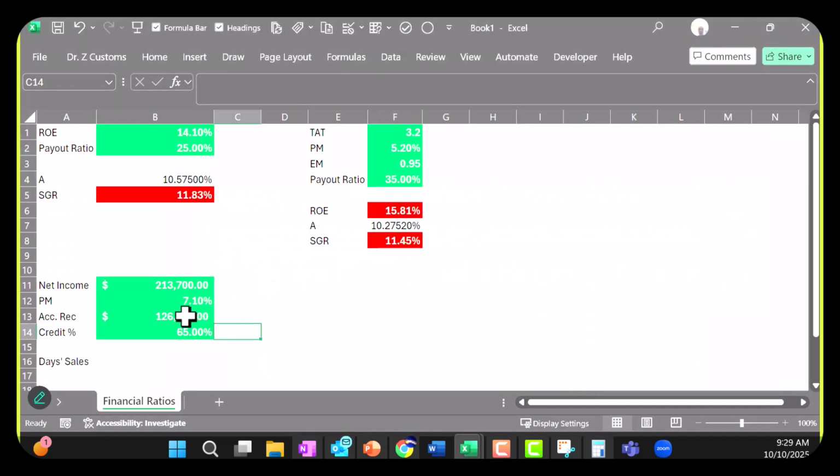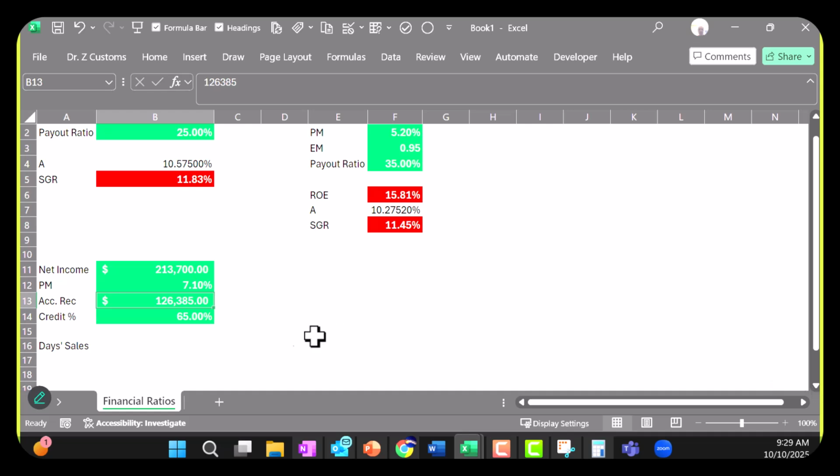Going here, I know the receivables, but I don't know what the sales is. Do you know how I can get the sales? Or can you guess? So let's calculate the sales here.